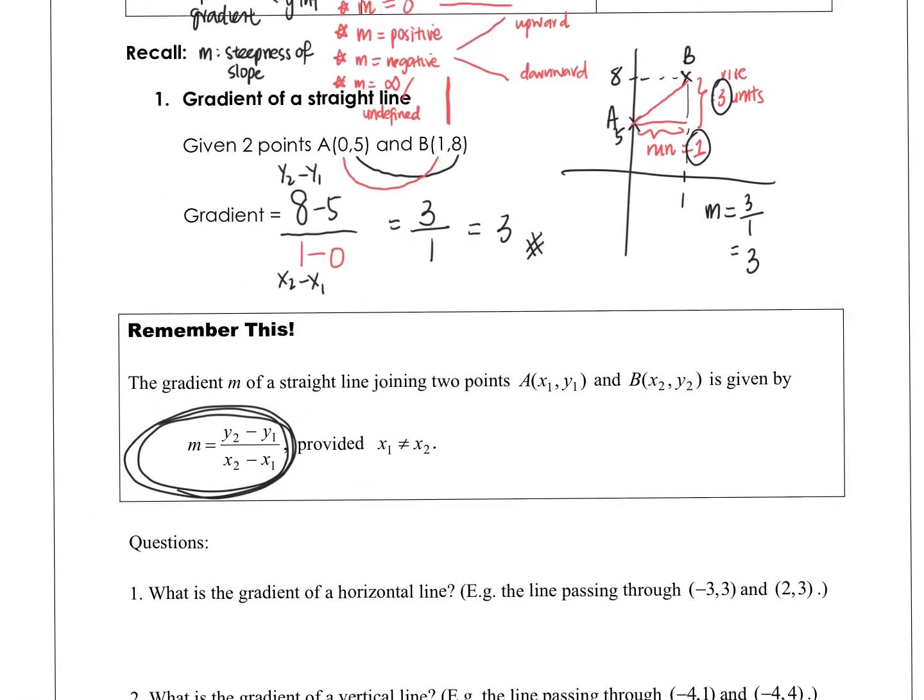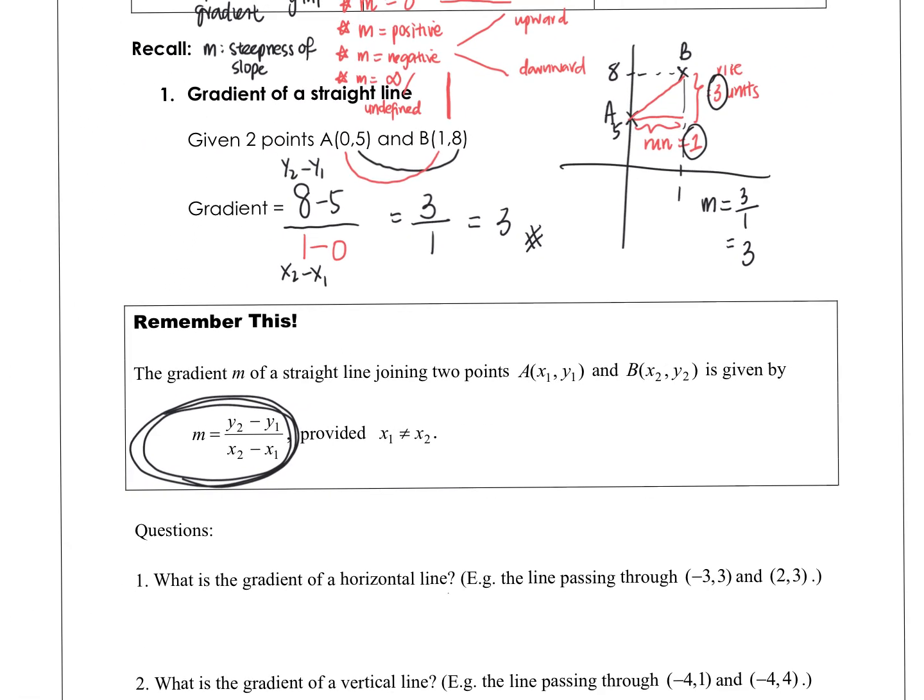Okay, so nothing crazy. They ask what is the gradient of a horizontal line. We know gradient is 0. So what kind of observation is that? When your y coordinate is the same, you know it's a horizontal line.